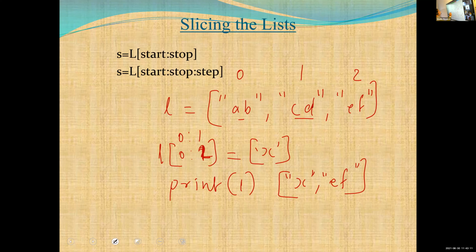Okay, correct, Alvin. So AB 0 1 means AB is replaced with the value X. Then the last values are CD and EF. So it's clear.